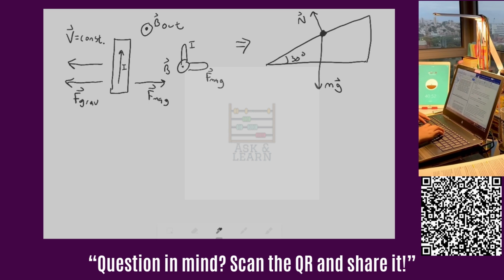Now, remember, if the rod is sliding down this way at this constant velocity v, then that means the current is going to be heading into the page here. Again, we have a magnetic field that is directly upward and a current that is directly inward.